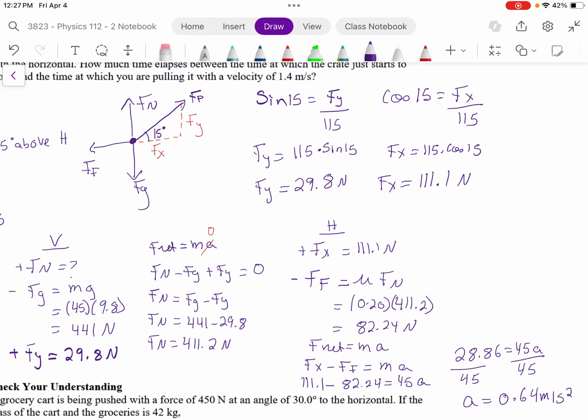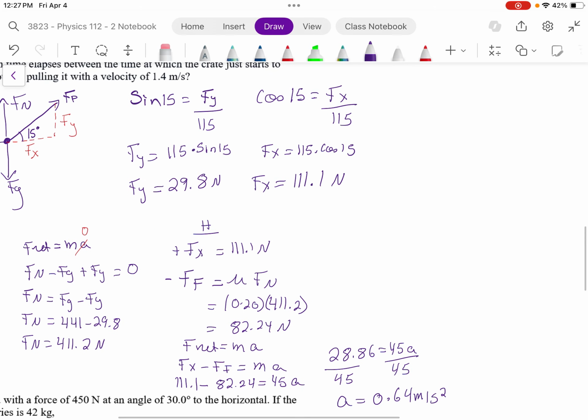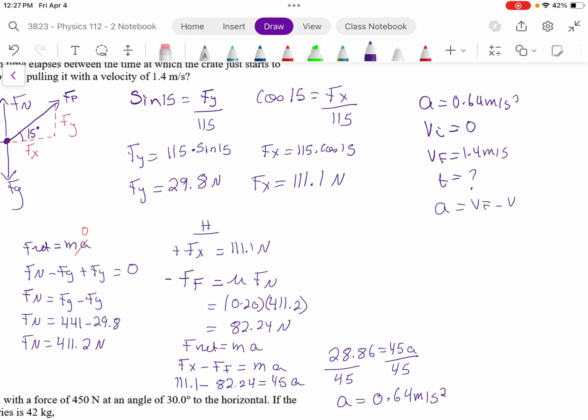The question, however, didn't ask for acceleration, it asked for time. So we have an acceleration of 0.64 meters per second squared, an initial velocity of 0, and a final velocity of 1.4 meters per second, and they're asking us for time. Acceleration is final velocity minus initial velocity divided by time.